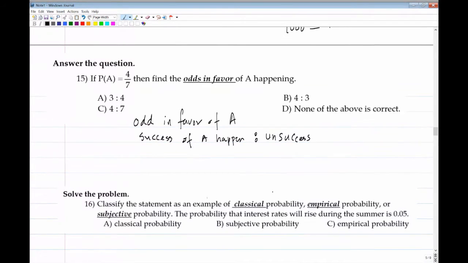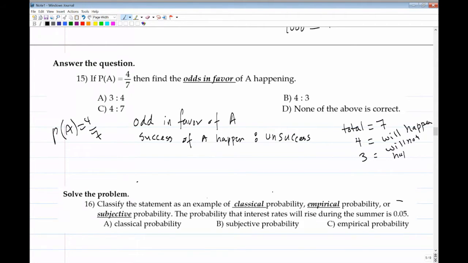So when we say the probability of 4 to 7, if I write it right here, total right here will be 7, 4 will happen, and 3 will not happen, because that's the difference between 4 and 7. Will not, so be careful with the word not.